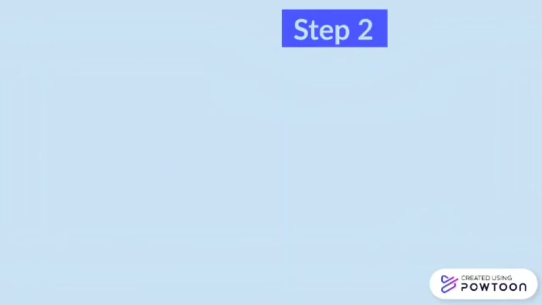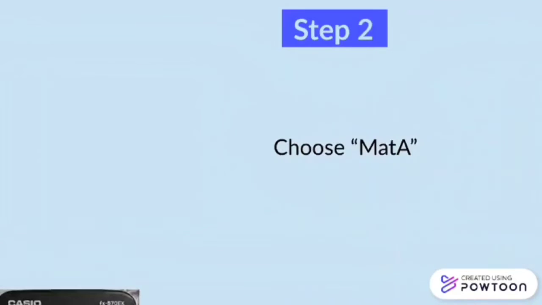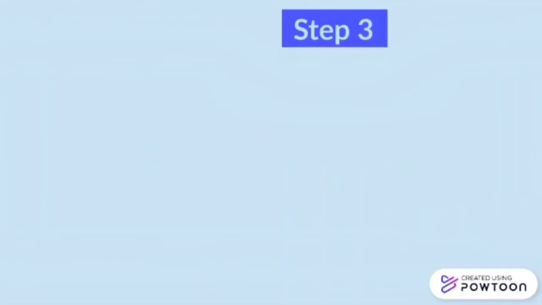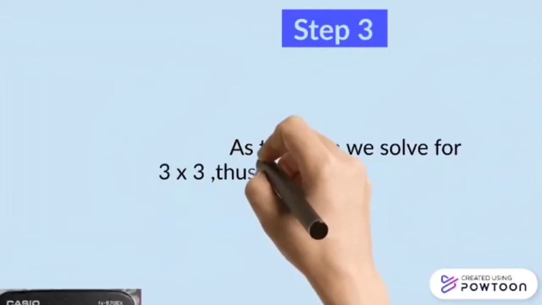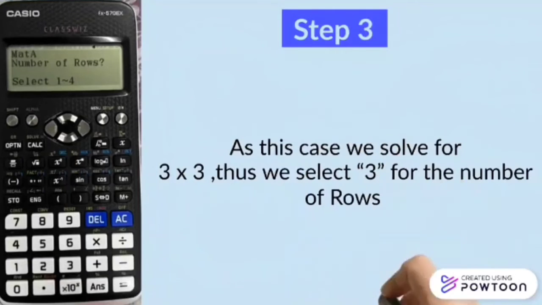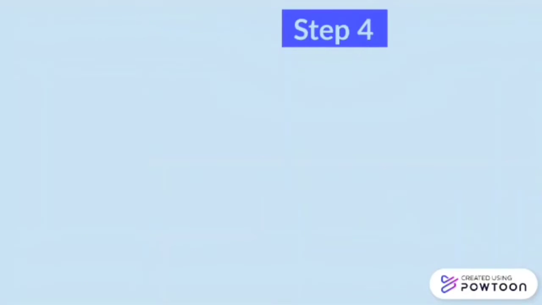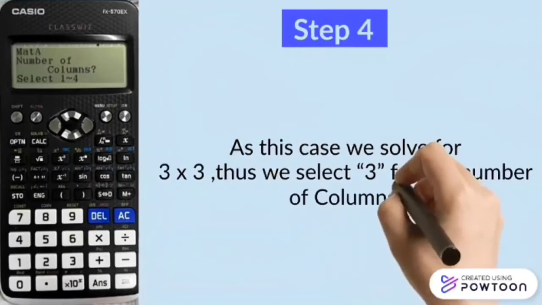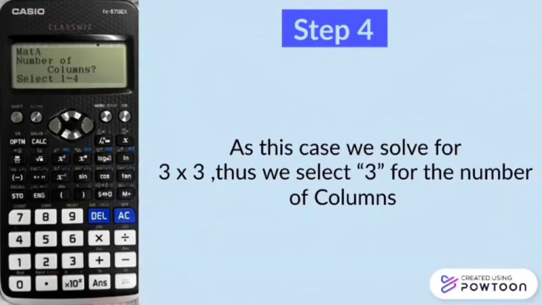And step 2, you can choose Mat A. Step 3, as in this case we solve for a 3 by 3 matrix, thus we select 3 for the number of rows. And step 4, we select 3 for the number of columns.